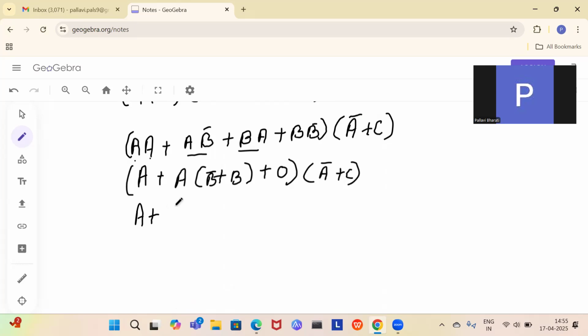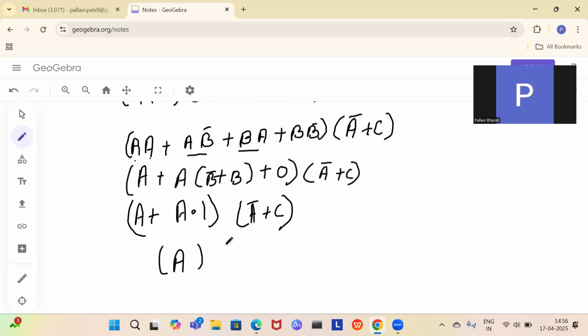So A plus A dot 1, A dot 1. And this side it is A bar plus C. So A plus A is going to be what? A plus A is going to be A, right?